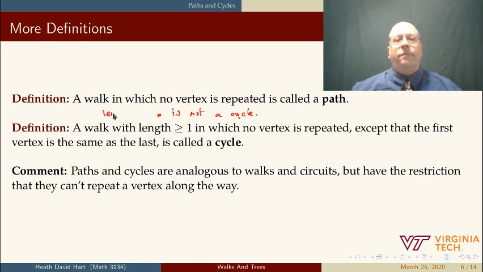So we don't allow that to be a cycle. A cycle has to go somewhere and then come back to the starting vertex. So a path and a cycle are special kinds of walk and circuit, but they have the restriction that they don't repeat any vertices along the way.